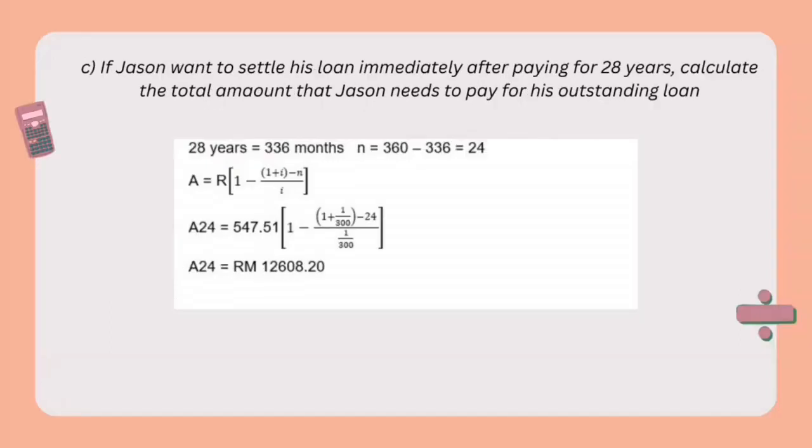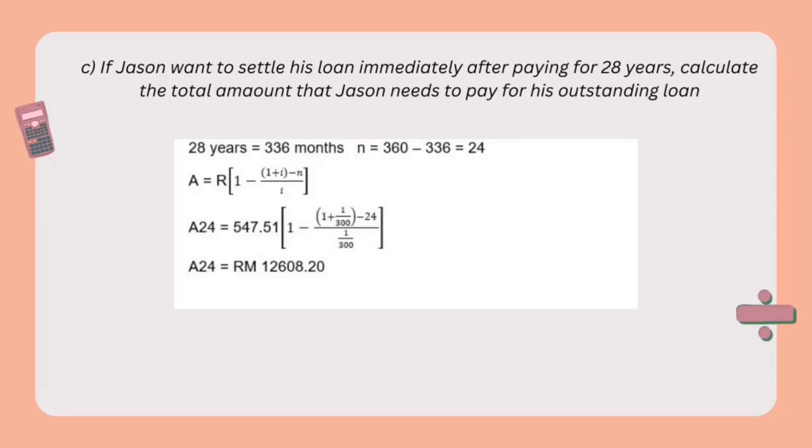So the answer is RM2,755.86. Question C. If Jason wants to settle his loan immediately after paying for 28 years, calculate the total amount that Jason needs to pay for his outstanding loan. So 28 years equals 336 months, and 360 minus 336 equals 24. So we must use the present value formula.